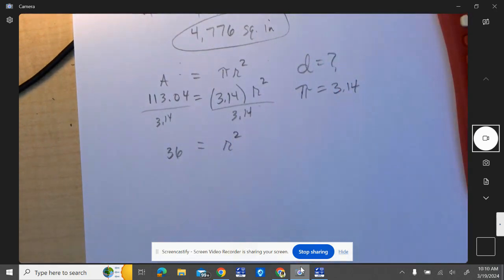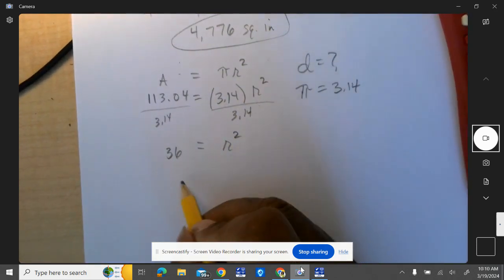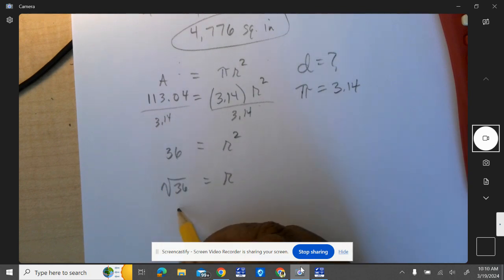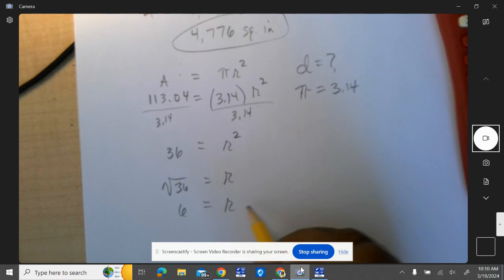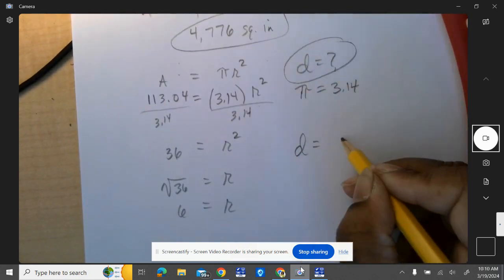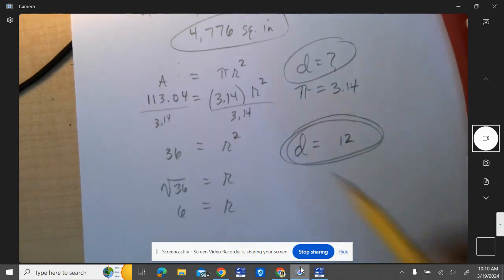Okay, to figure out what r is, I need to do the square root, which is 6. They ask for the diameter, which is double it. The answer is 12.